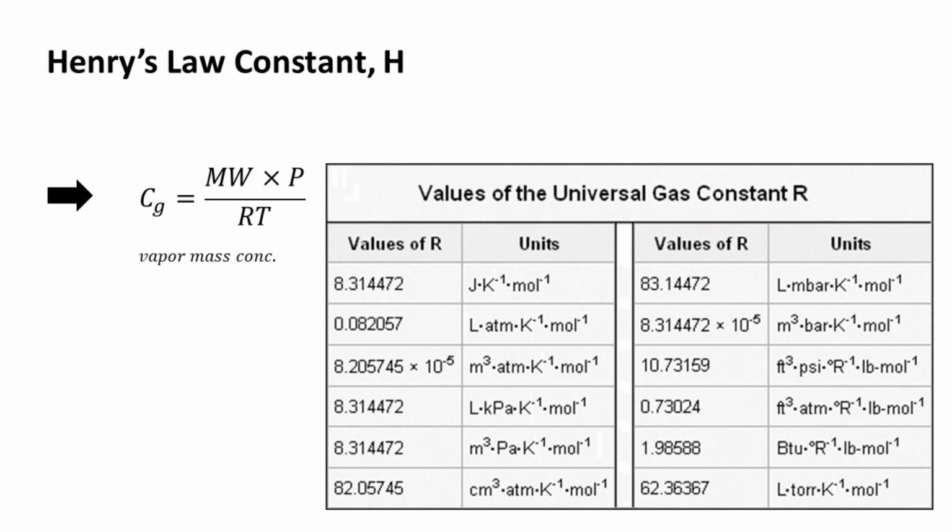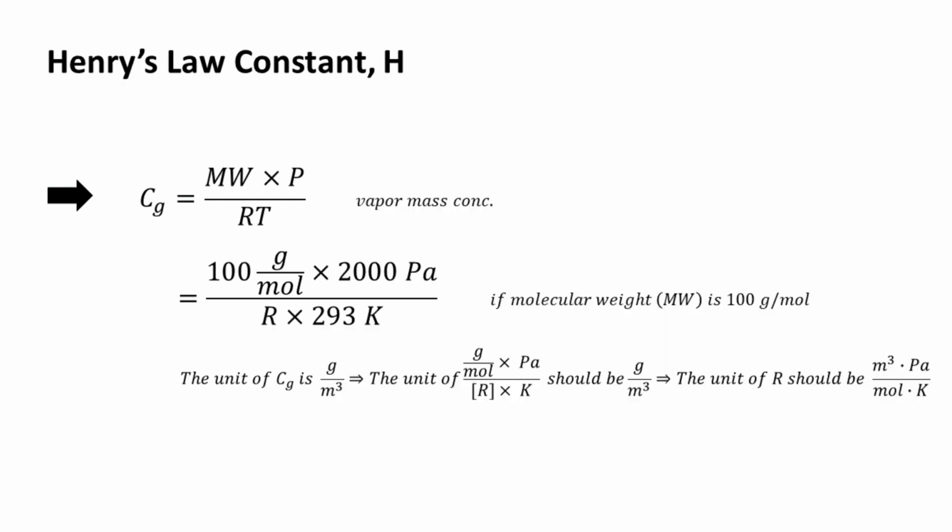If we look it up online, we will find that gas constant R comes in many different units. Theoretically, we can pick any of these units and work on the unit conversions later. Practically, being able to choose the right unit for gas constant R can help us simplify the subsequent calculations. To choose the unit for gas constant R, let's compare the units on both sides of the equation.